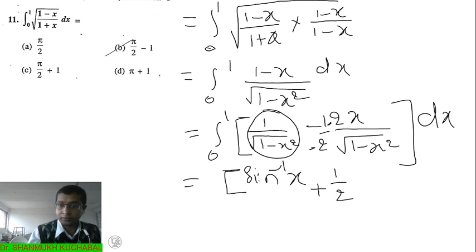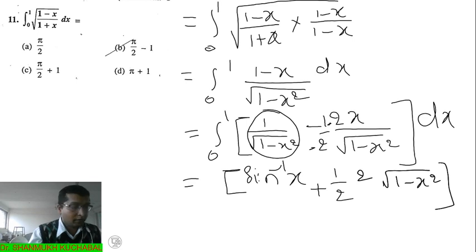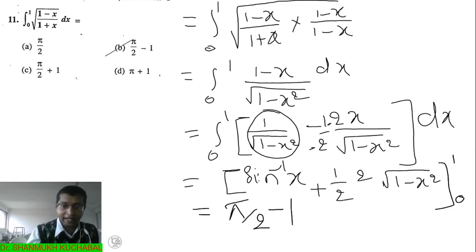So 2 into root of f of x, integration of 1 minus x square. After simplifying, the limit is from 0 to 1. Now we have to take the value of x equal to the upper limit minus the value of x equal to the lower limit. Simplification gives us pi by 2 minus 1 here. Therefore option B is the right answer.